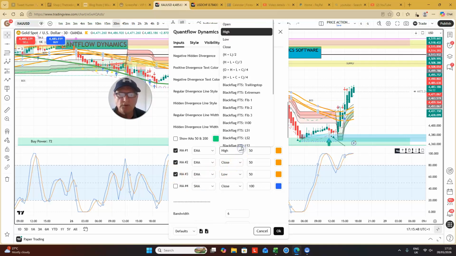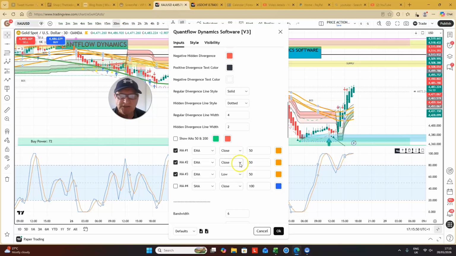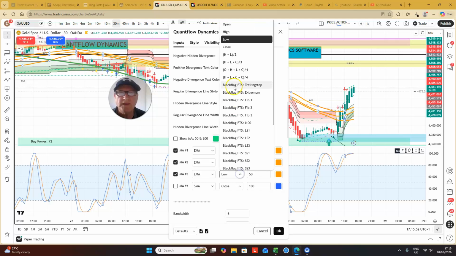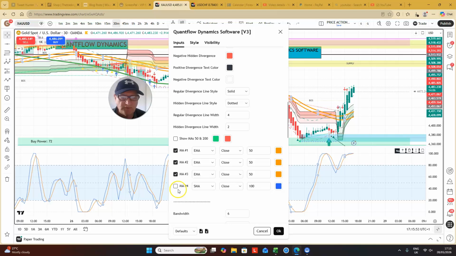So I want to use the close, so just change it to the close on all these. I've switched the number 4 off. Now I'm going to change this number to 13. This one's 50, which is fine, and I'm going to change this one to 200, and I'll give you some fantastic examples of this system, which again is part of Quant Dynamics.